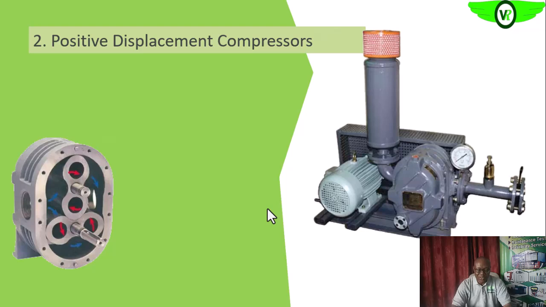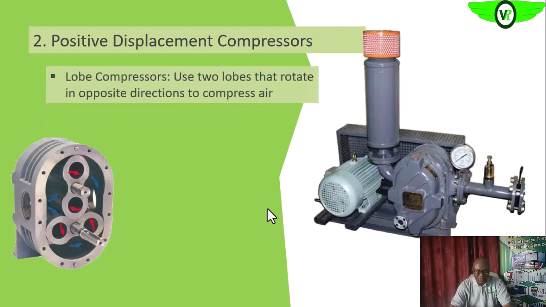Then still on the positive displacement compressor, we are going to be looking at the rotary lobe compressor. So here we have the lobes, as it's turning, traps air or traps the gas, subject to reducing volume, thus increasing the pressure, and then it is discharged as a highly compressed gas.